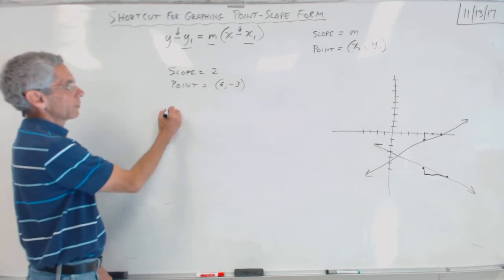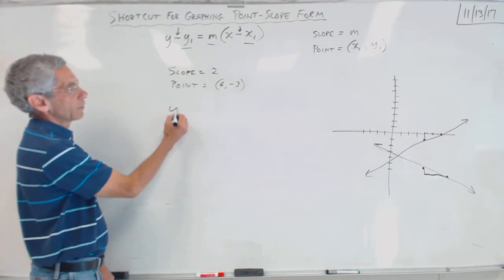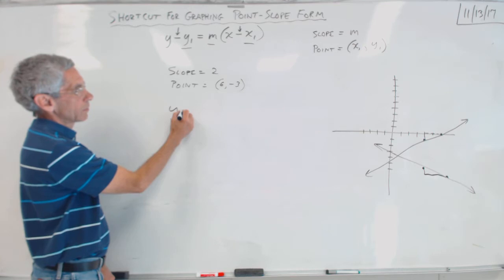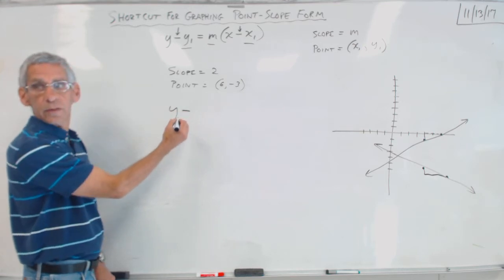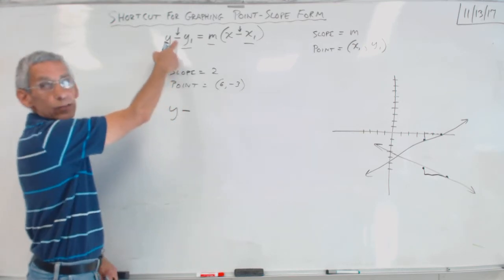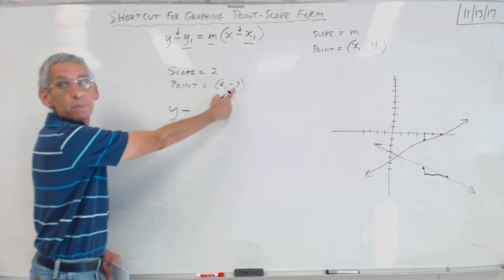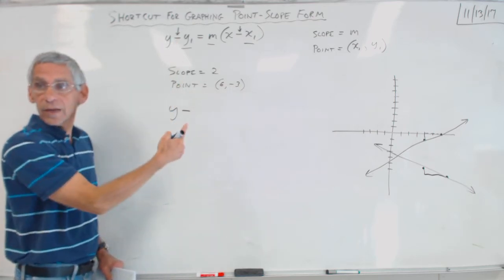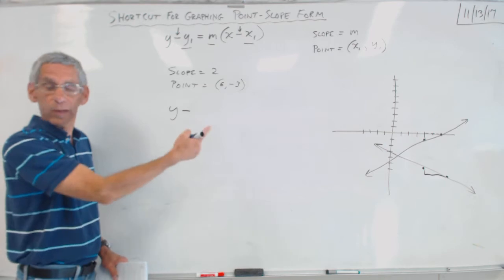It's y minus, plus 3. Do you see why it's plus? Because the equation says y minus, and then it's a -3. Y minus a minus, right? That becomes plus. Minus minus means plus.